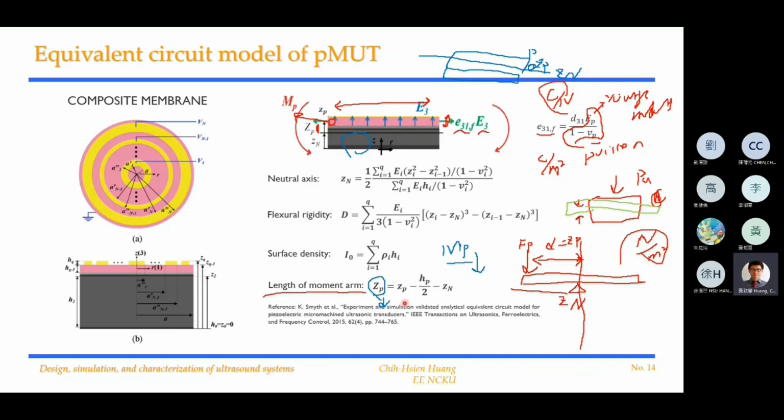Sometimes if we want to increase ZP, we need to reduce the thickness of the piezoelectric layer, or increase the thickness of the supporting layer. But if we reduce the thickness of the piezo layer, the force we can generate is smaller, right?